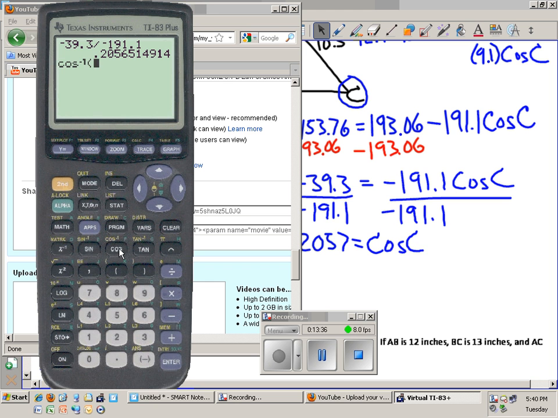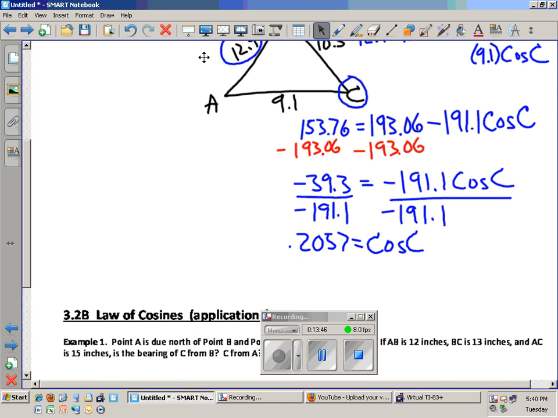Second, inverse cosine of your answer. Come up with 78.13. So C is equal to 78.13.